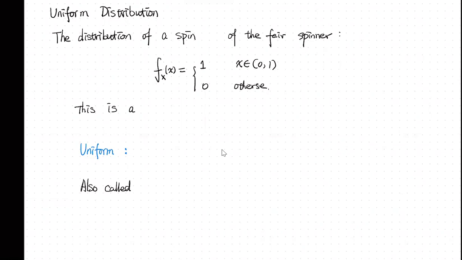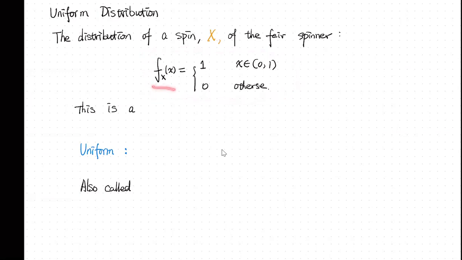In fact, we have seen the uniform distribution already in our spinner example. The distribution of a spin, say X, of the fair spinner has the following probability density function. We have derived this probability density function in one of the examples before.